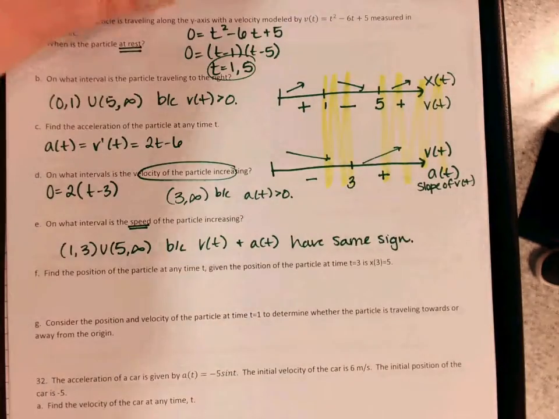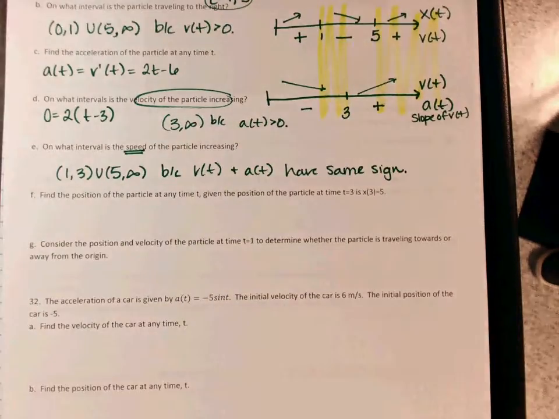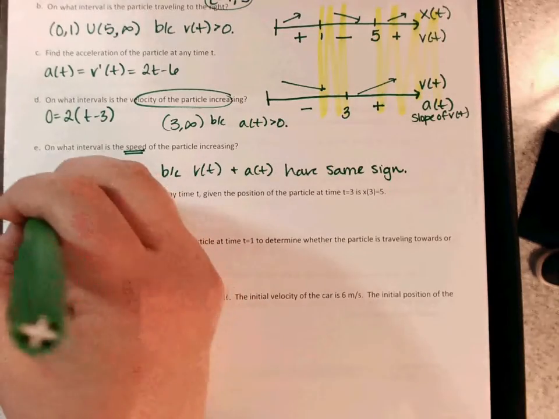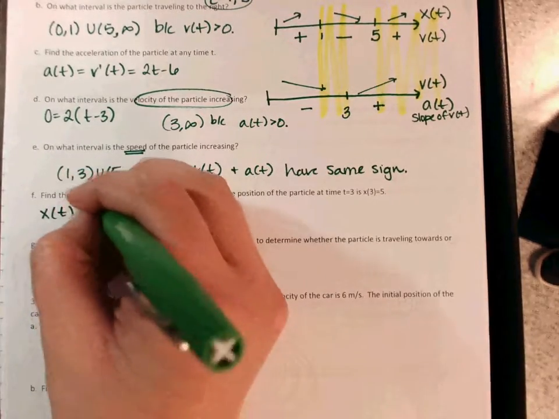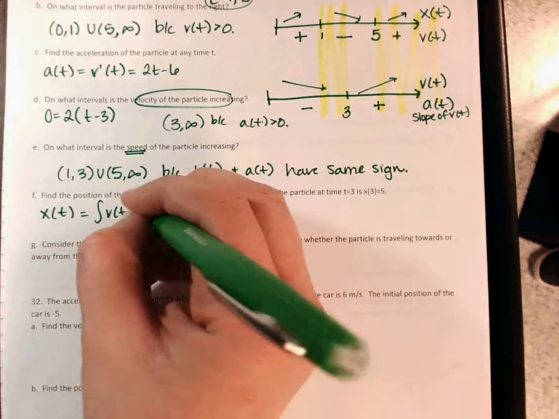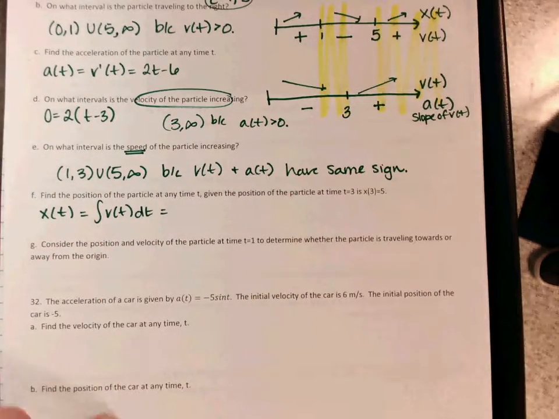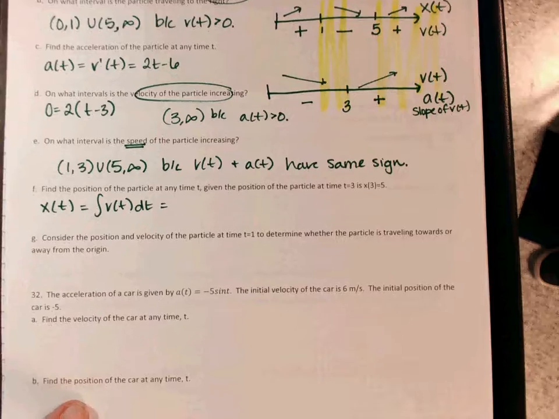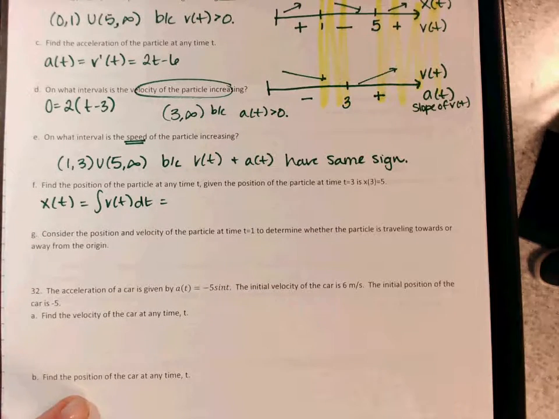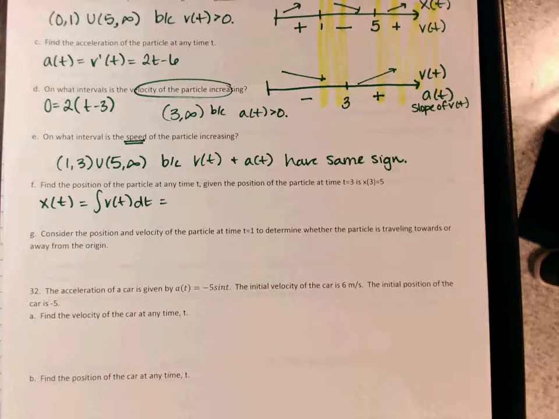Okay? Part F asks you for position. I was given velocity. If I want position and I have velocity, I have to do what? Antiderivative. And remember, you should write this first before you do it. So x is the integral of v of t. And then you're going to do it. Now, my first term was a t squared.